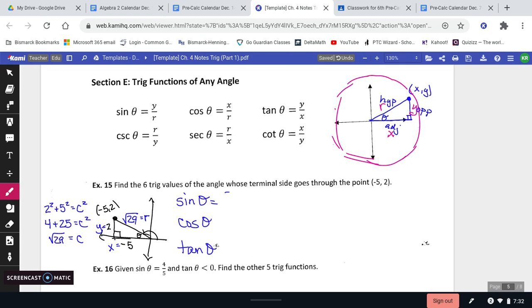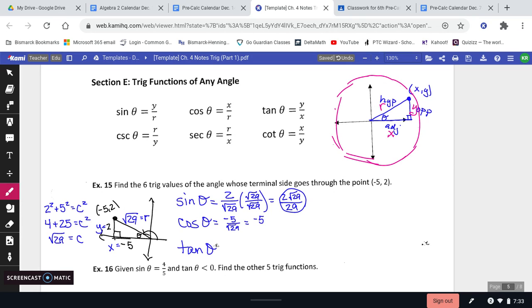So sine is opposite over radius, 2 over root 29. You're going to have to rationalize, so this is 2 root 29 over 29. Similarly, your cosine, adjacent, is -5 over root 29.